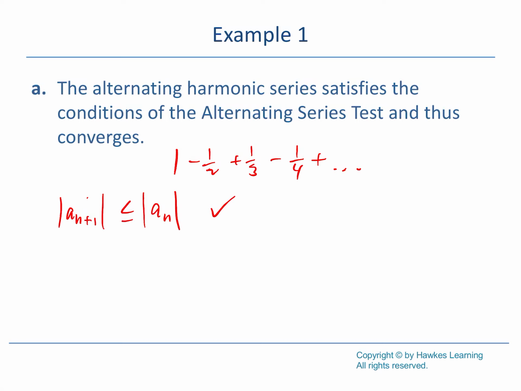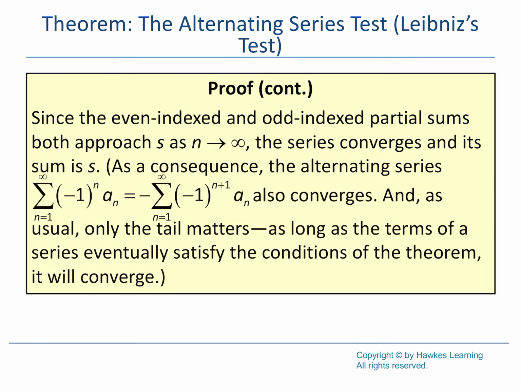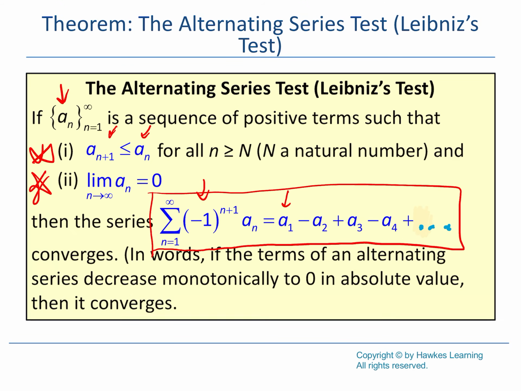And those sequence terms do approach 0 as n goes to infinity. Sorry, the limit equals 0. Good grief. And yes, we definitely check that box as well because by the end of this, we'd have 1 over something that looks like infinity. So yes, the alternating harmonic series checks the 2 boxes that we needed to check for the alternating series test.